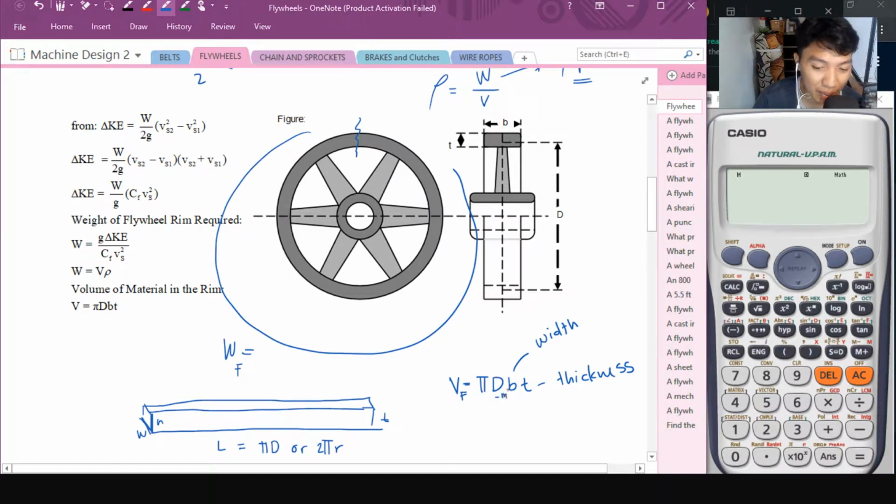So, pi dm. DO and DI, right? So, the mean diameter can be determined. What is the mean diameter? DO plus DI over 2.